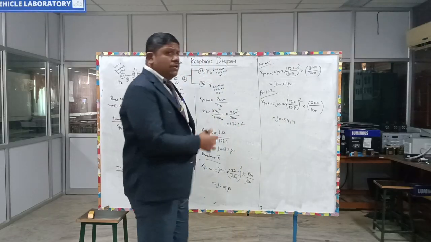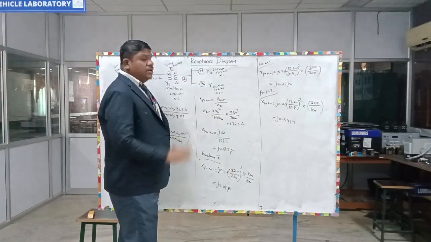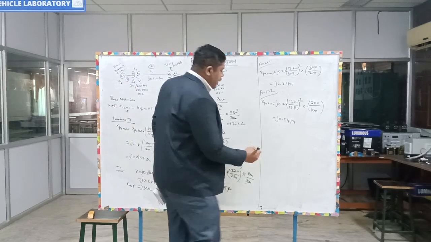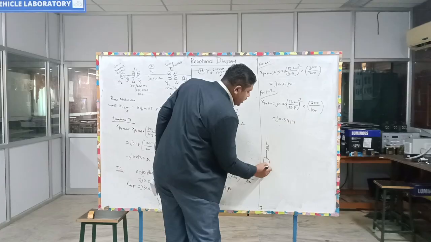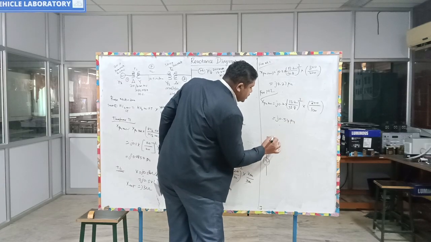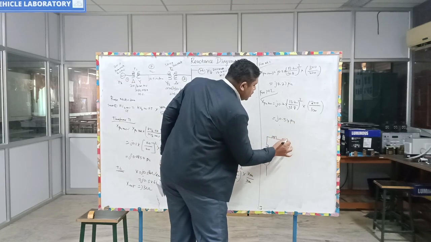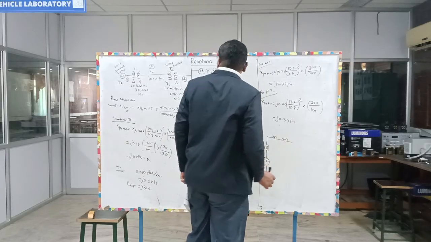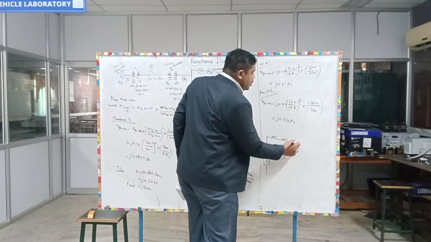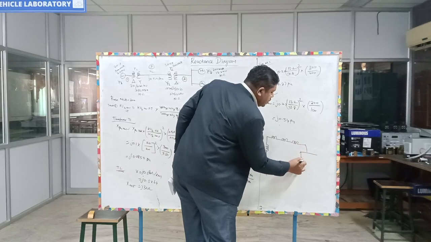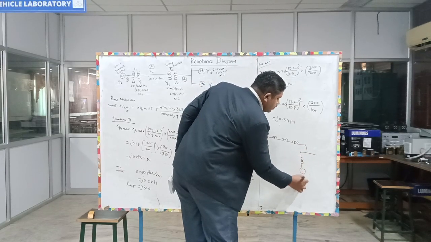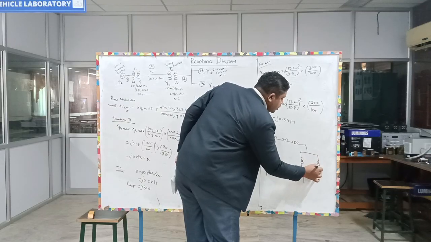So now we have found the reactance value for each part of the network. Now we have to draw the reactance diagram. This is for the generator, this is for the transformer, this is for the transmission line, and this is for transformer 2, and here I have two motors, both connected in parallel.